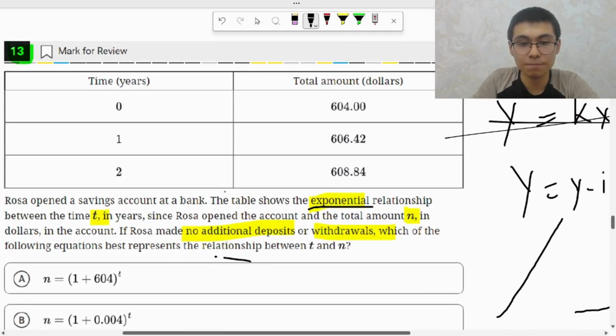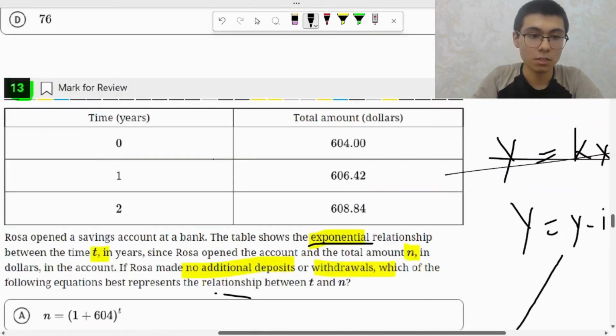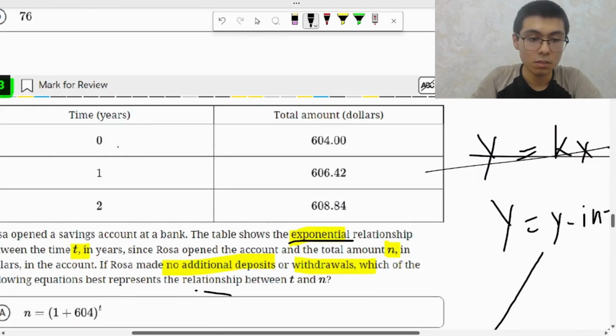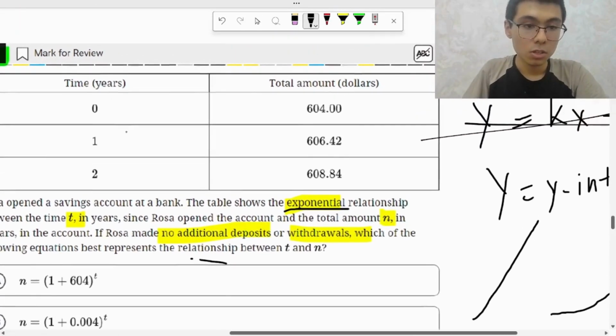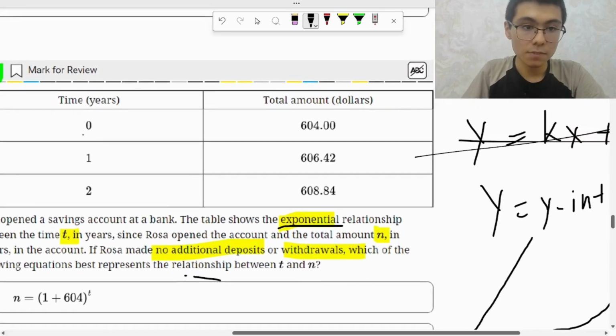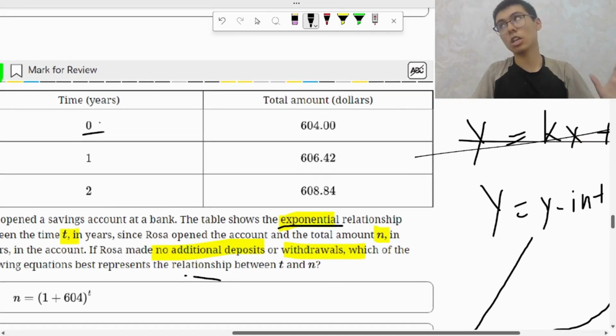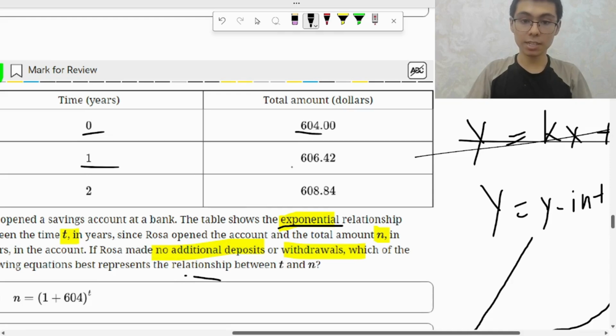So what we're gonna do is look at all these. Here we have 0. It's when she opened the account, she had $604. And then after a year, she had $606.42.